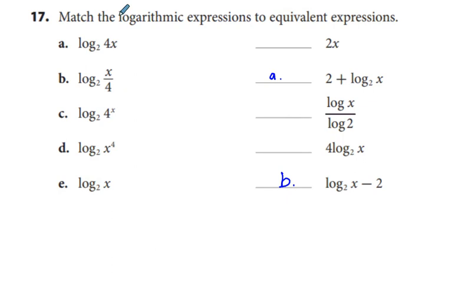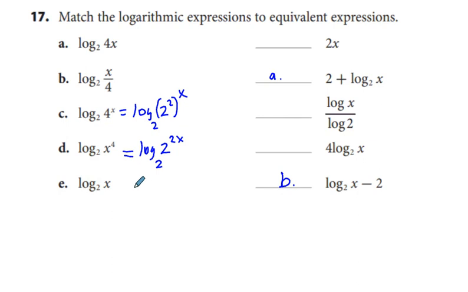Log base 2 of 4 to the x power. Well, what that's going to be is log base 2, and I'm going to rewrite 4 as 2 squared. So this is going to be log base 2 of 2 to the power of 2x.